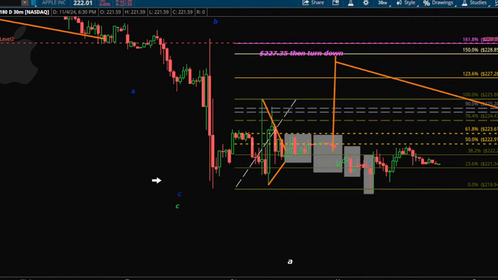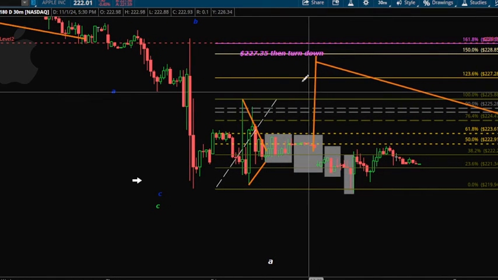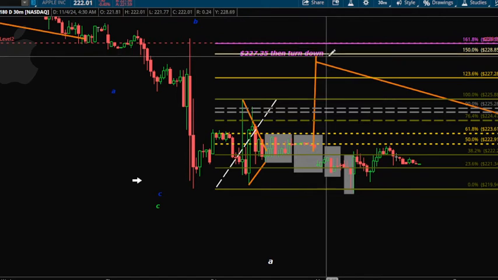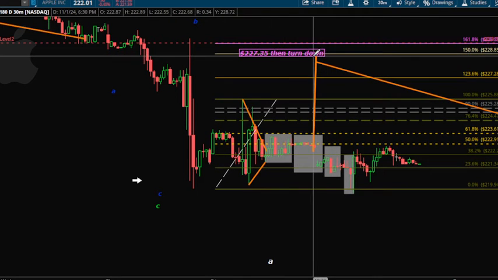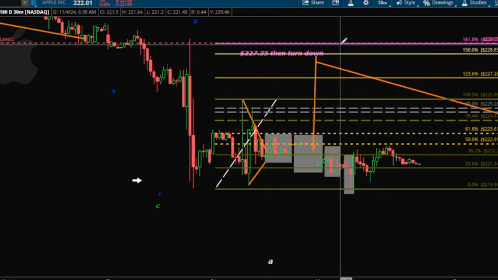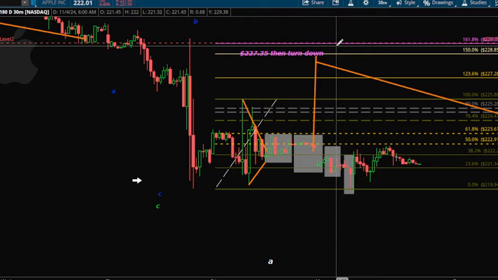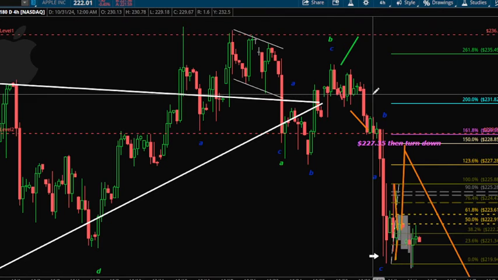So I gave a little leeway and probably would get out at the 150% at 228.85 or the 227, somewhere around there, because a lot of indicators are saying that this is going to be a bearish turn, right? I mean, if you back out in the 4 hour, we're looking for a C leg minor degree down.